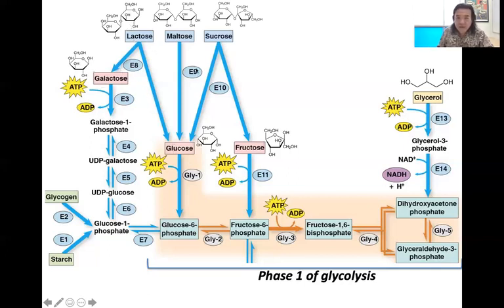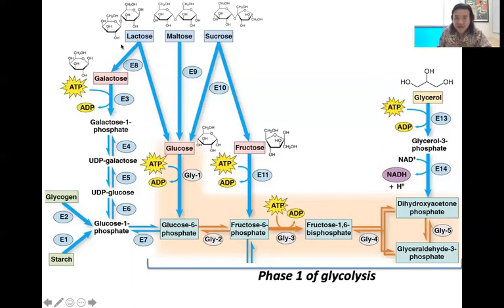So when these get broken down by different enzymes that break the disaccharide into separate monomers, glucose is the one we typically think of as being the important one. That's why classically the glycolysis pathway starts off by assuming you already have your glucose. And that feeds into phase 1 of glycolysis. This whole thing is just phase 1 of the 3 stages of glycolysis.